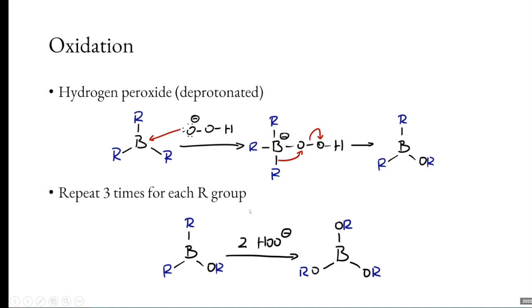We can also repeat this process using more hydrogen peroxide, so all of the 3 R groups have been substituted with OR groups, which in this case is called a trialkoxyborane.